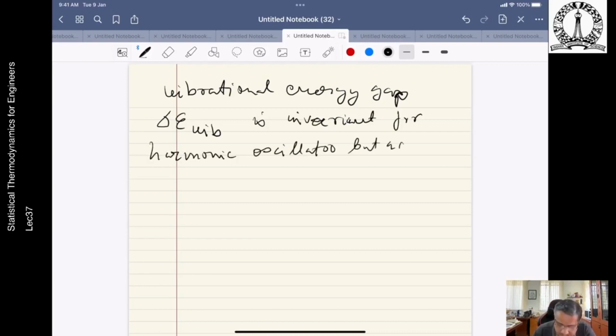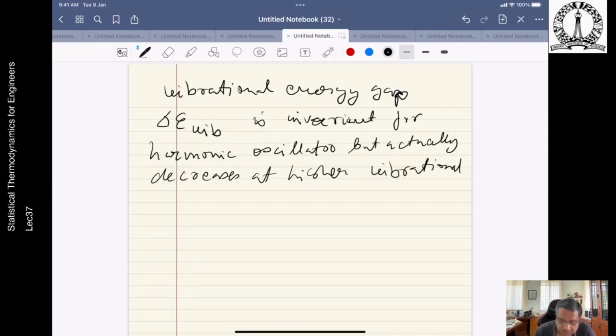But it actually decreases at higher vibrational levels for an anharmonic oscillator.